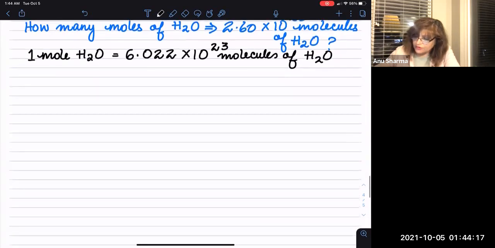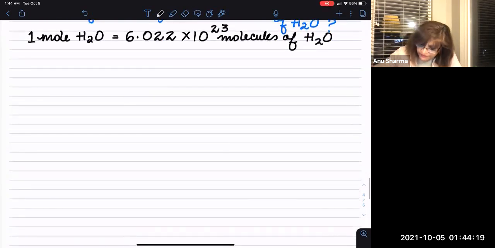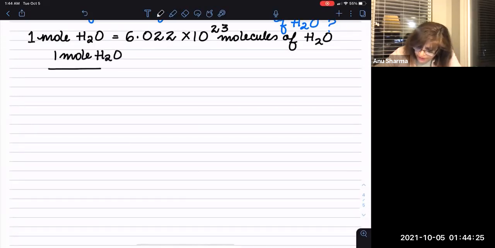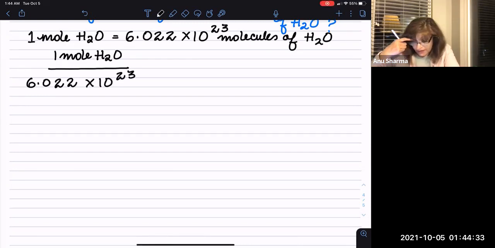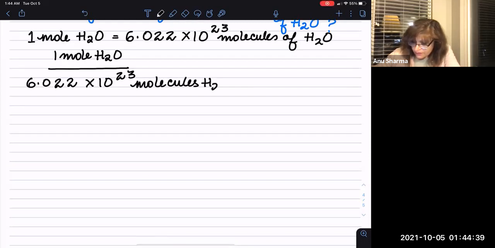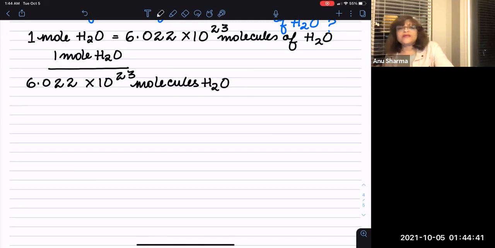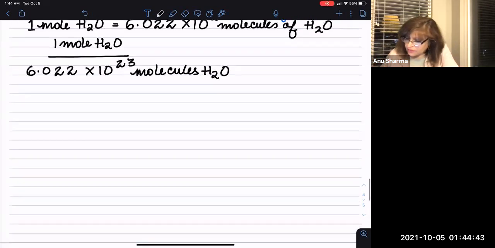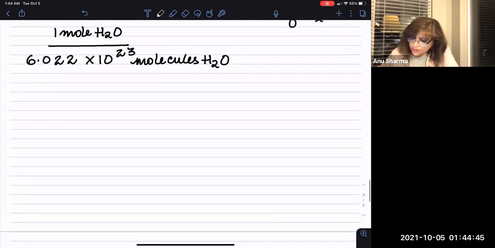This can also be written as a conversion factor: 1 mole of water over 6.022 times 10 to the power 23 molecules of water.